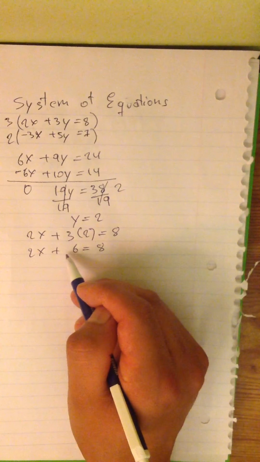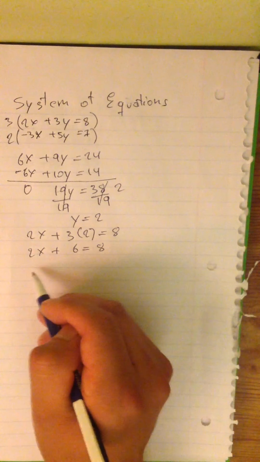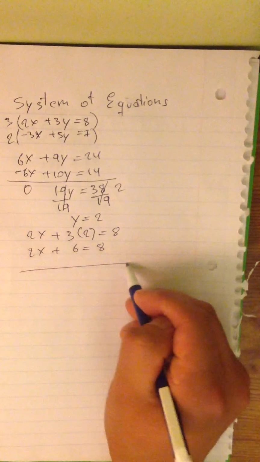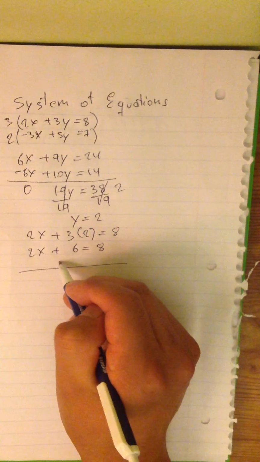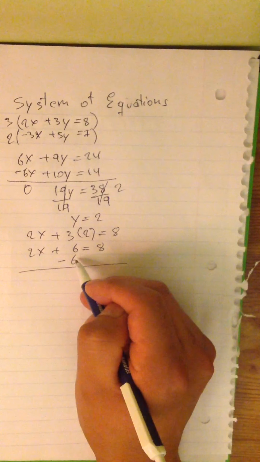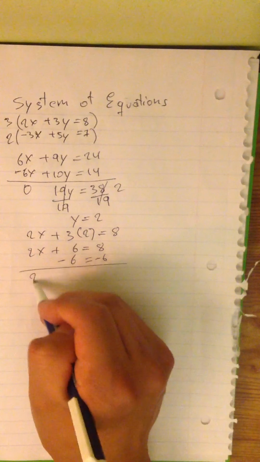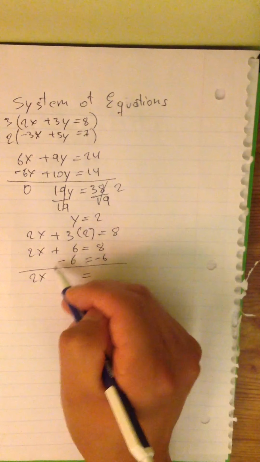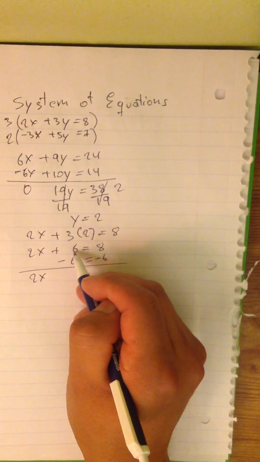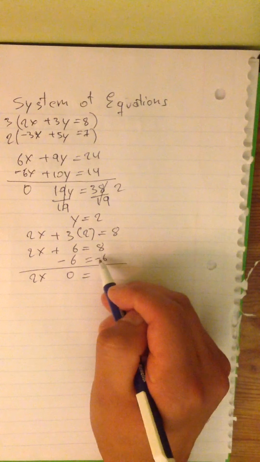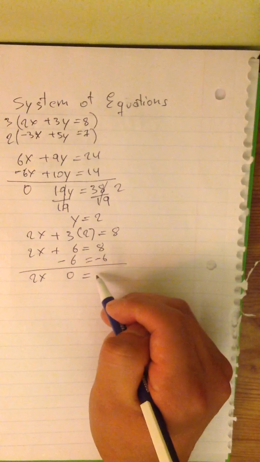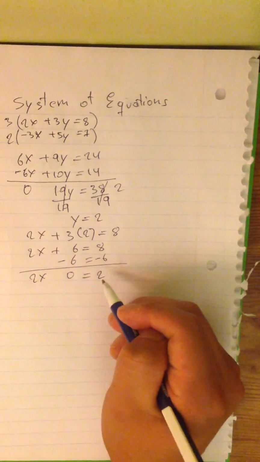Now if I subtract on one side, I have to subtract on the other side. So I'm left with 2x equals 2, since 6 minus 6 is 0 and 8 minus 6 is 2.